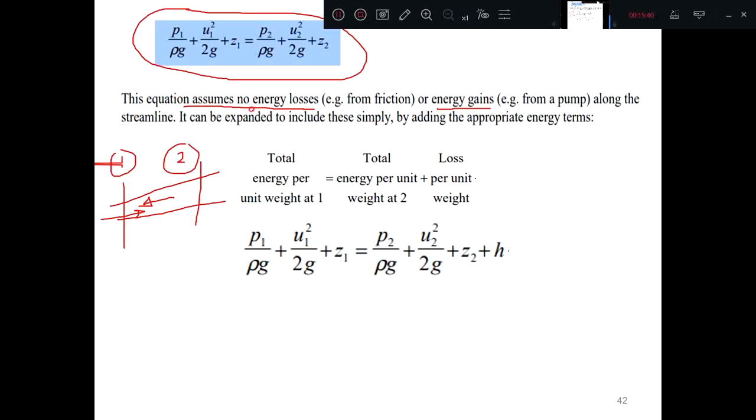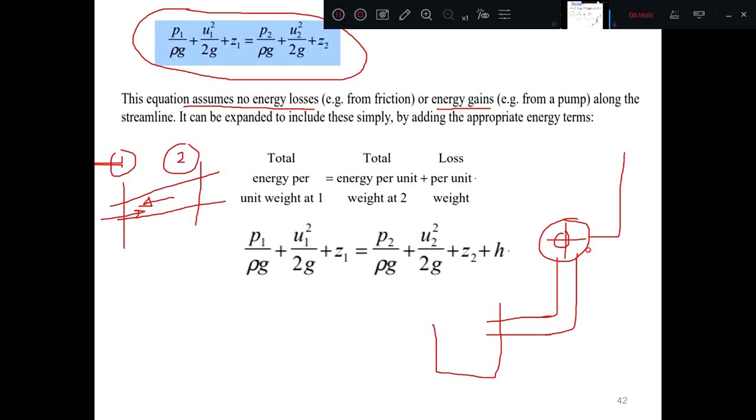The equation assumes no energy losses or energy gains, for example from a pump. Means you are applying a pressure force for the liquid to lift above. To apply that pressure force, we have connected a pump to lift the water from a lower elevation to a higher elevation.